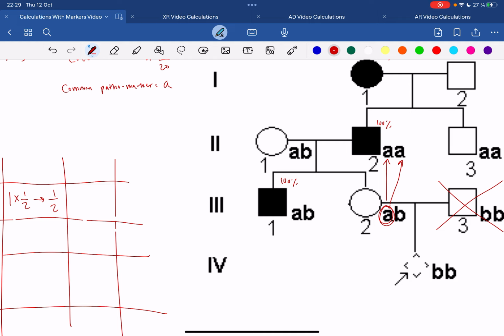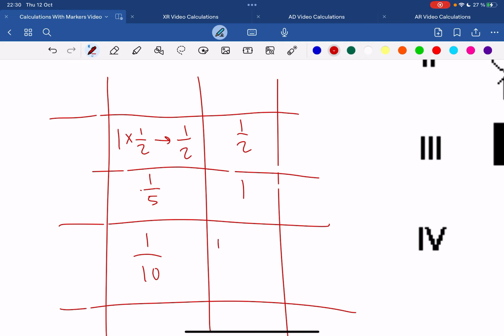So here would be 1/2, here would be 1/2 as well, and then the penetrance is 80%, so the healthy chance would be 1 in 5. Let me just write it correctly. Here would be 1, here would be 1/10, 1/2, which is equal to 5/10 to equalize the numerators. This would be 1/6. So the mom's probability here to be a carrier is actually 1/6.